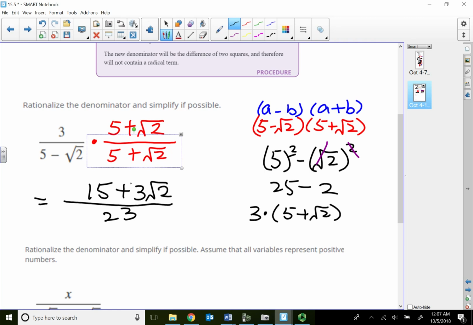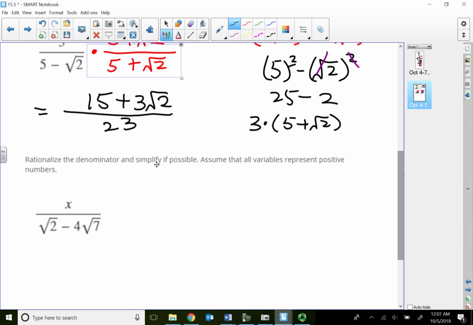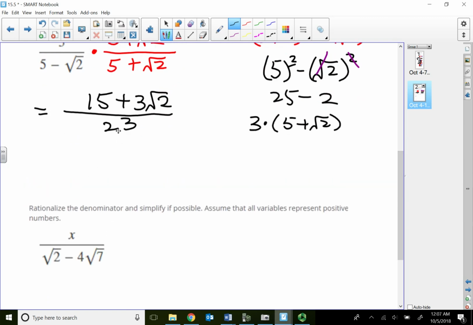So this is actually the right answer, but sometimes the homework may ask us to write them as multiple terms. We can split this into two different terms, since the two terms on top share the same LCD. So if you type in 15 over 23 plus 3 times square root of 2 over 23, that will also be correct.